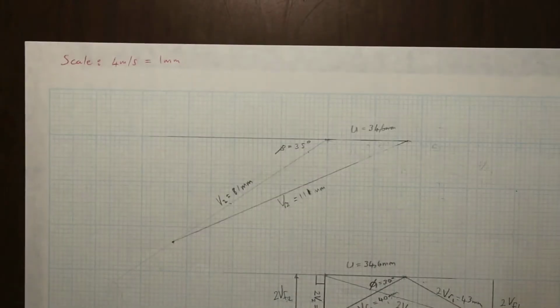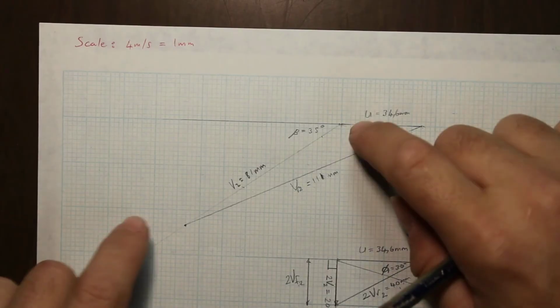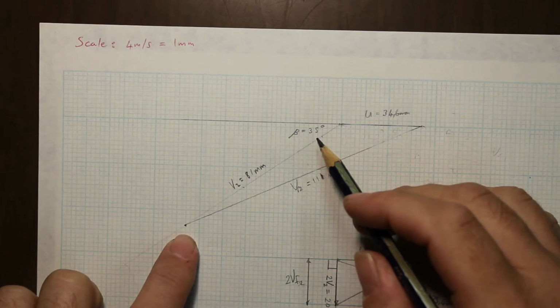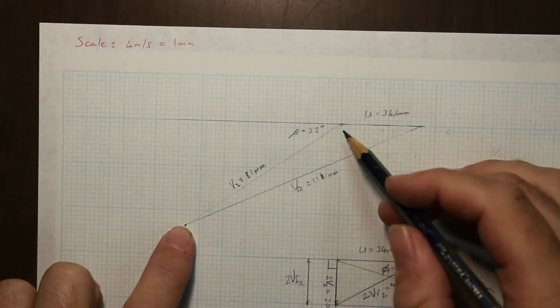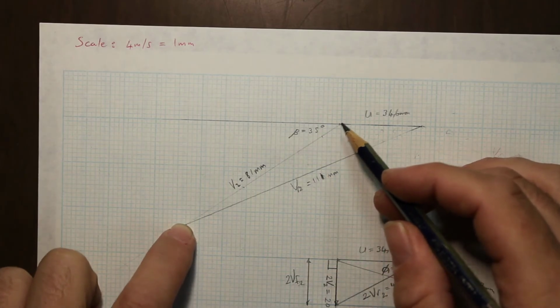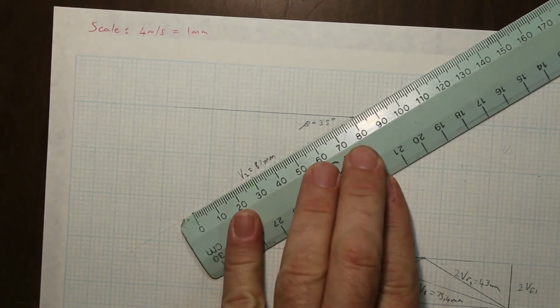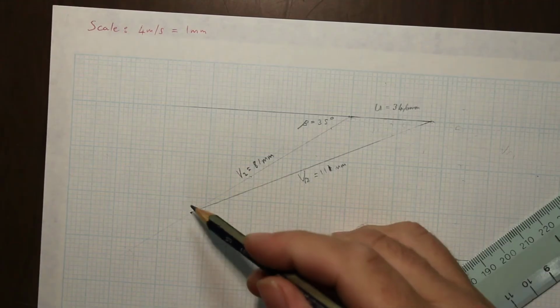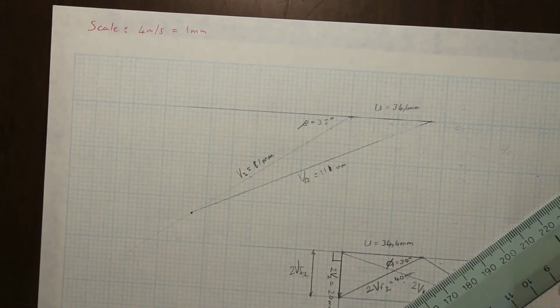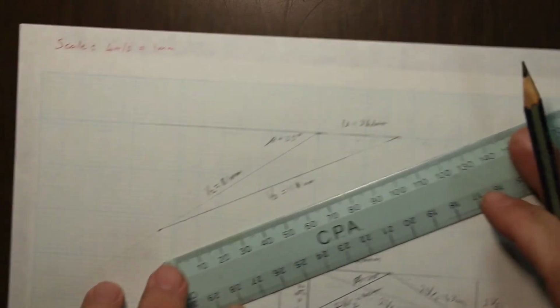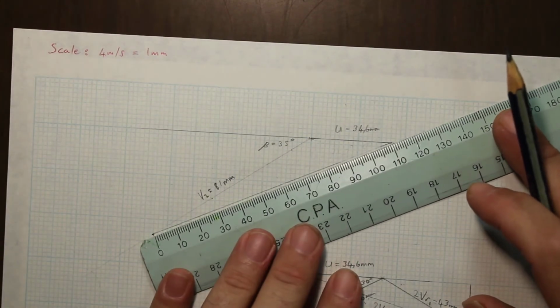So when we go to the top here now, we know what the angle is because they told us what beta was. So it's 35 degrees. And now we know that this line needs to be, so we measure it to be 81 millimeters. So we know that point there. Then we join this point to this point, and that will be the relative velocity 2.